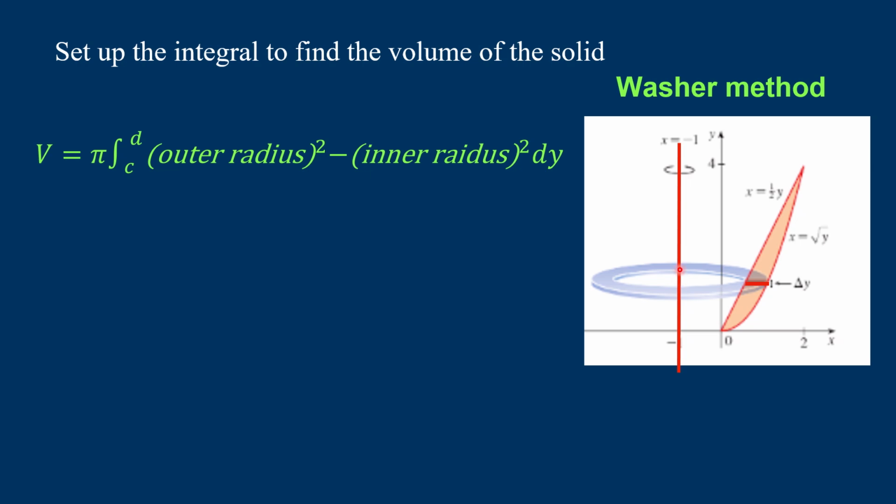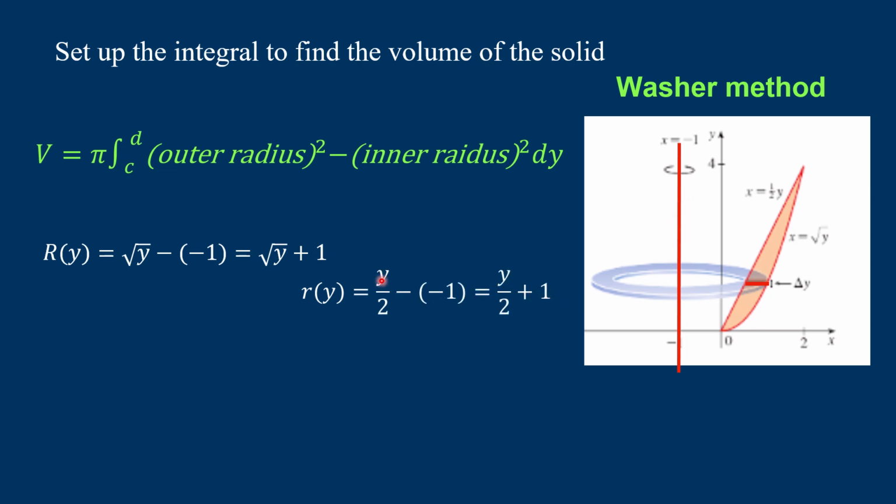The outer radius is the distance between x equal negative 1 and the y function x equals square root of y. So square root of y minus negative 1 is square root of y plus 1. The inner radius is the distance between the function x equals y over 2 and x equal negative 1, which is y over 2 plus 1.